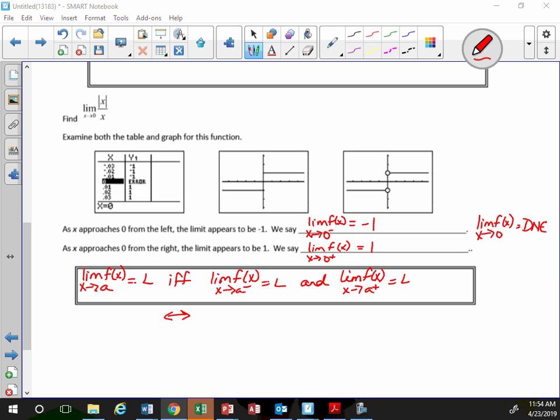Just approaching from the negative side. Approaching from the left. Here, it's one. If it's got a minus, it means it's coming from the left, from the negative 2.